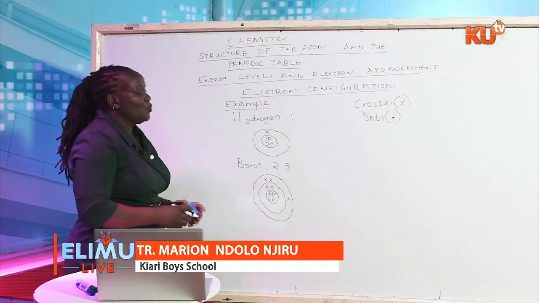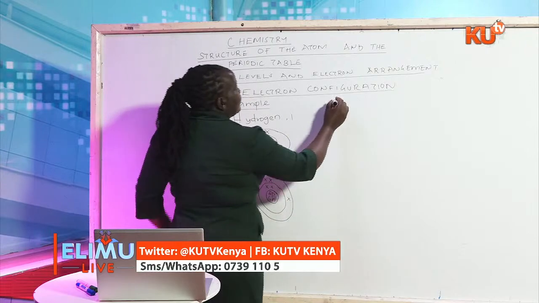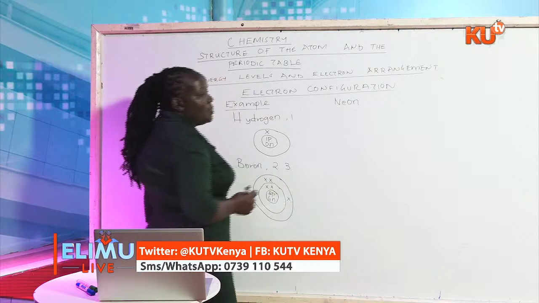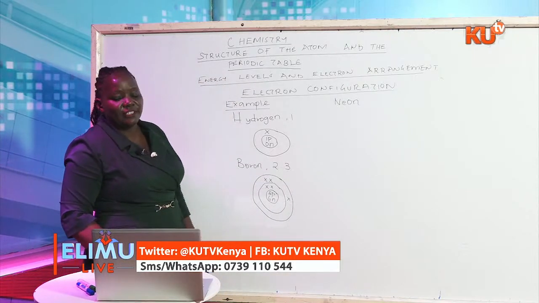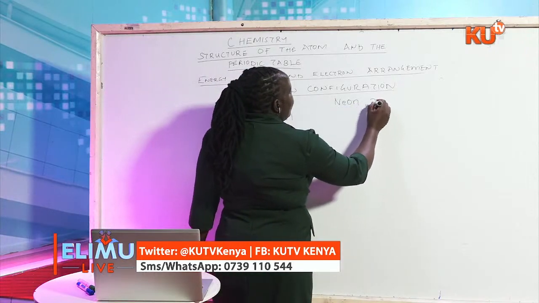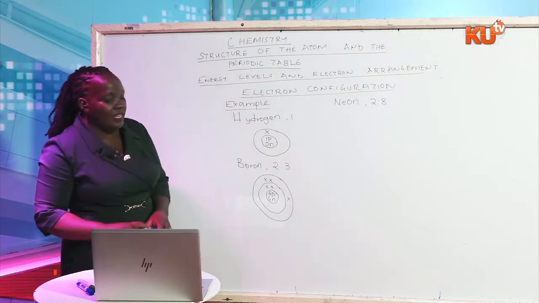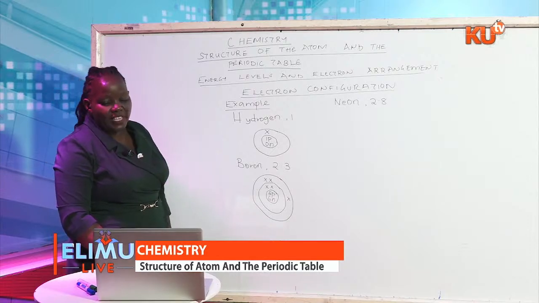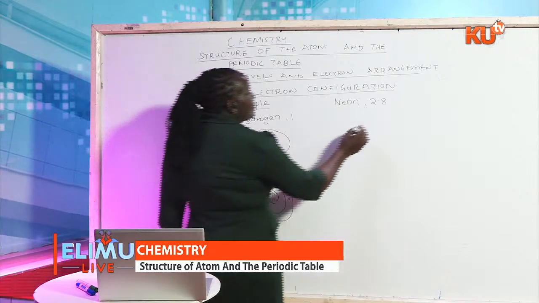The next one that we looked at was neon. So neon, we said, has 10 electrons. So its electron configuration we have seen is 2, 8. So we start with the content of the nucleus.